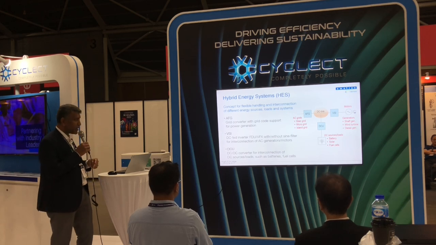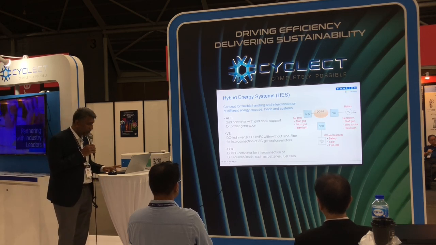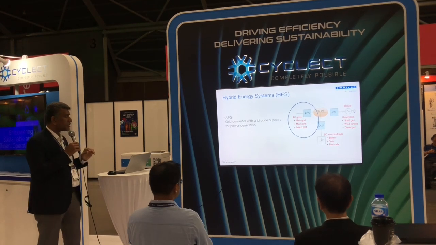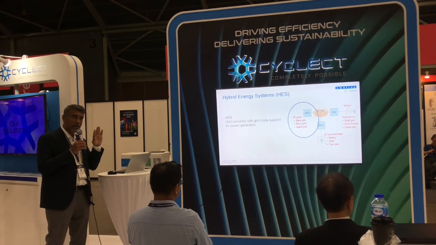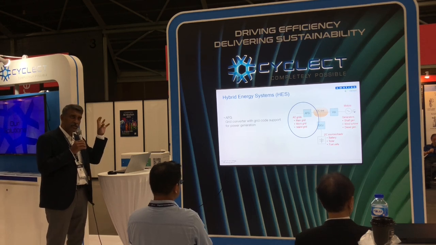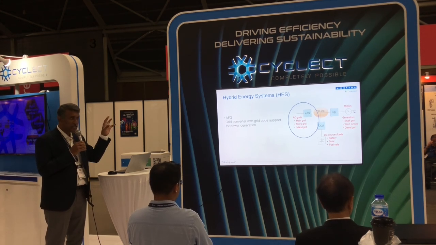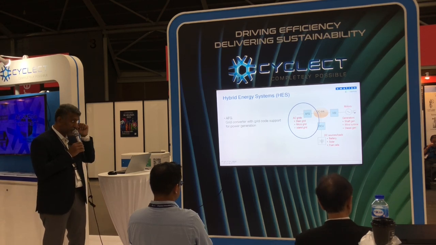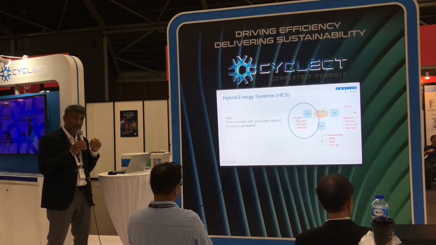Now, let's go a little bit deeper into it to see where they can be used. As I told you, the AFG is something that is used on the grid side. So it takes a grid voltage and converts it to DC. And in combination with something, you can find applications for it. Now, why do we say it's a grid converter?